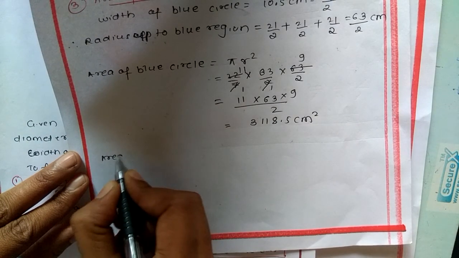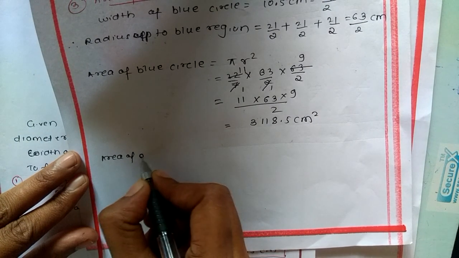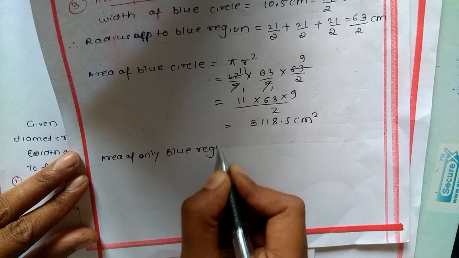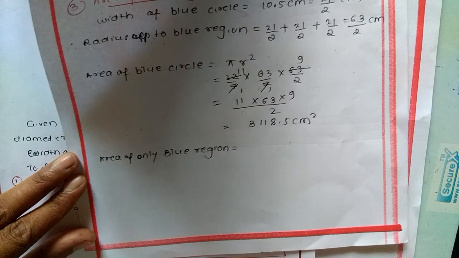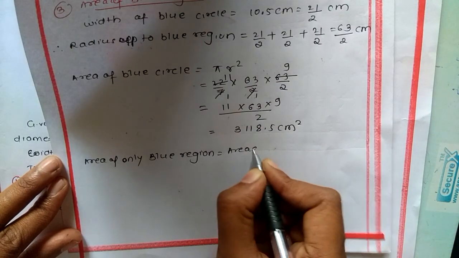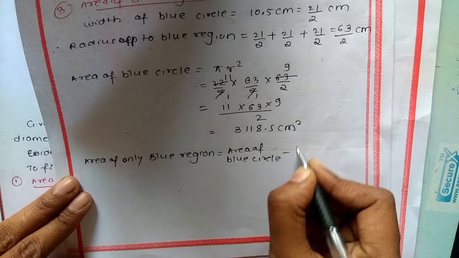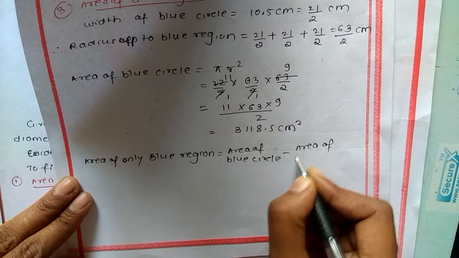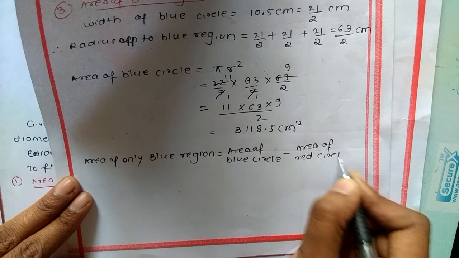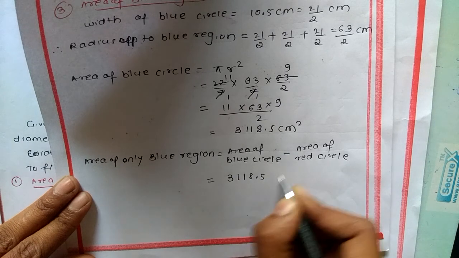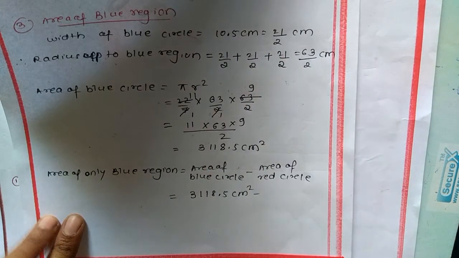So the area of only the blue region, that blue ring area, you have to find out. So that is area of blue circle minus area of red circle. That is 3118.5 centimeter square minus this you have to do.